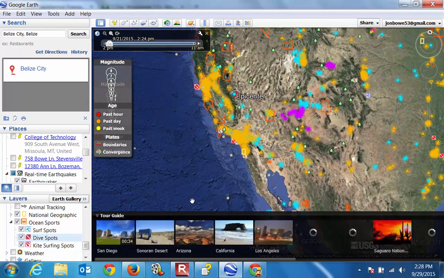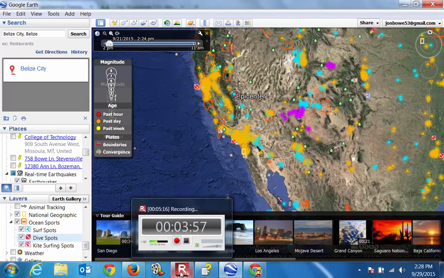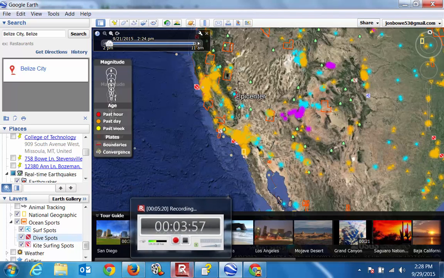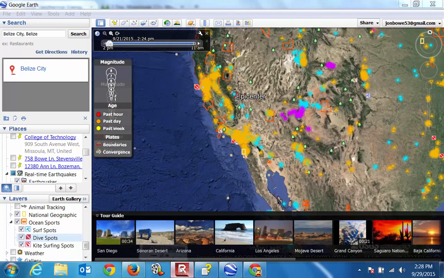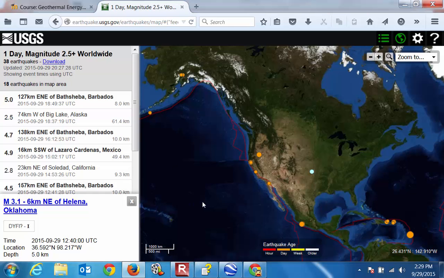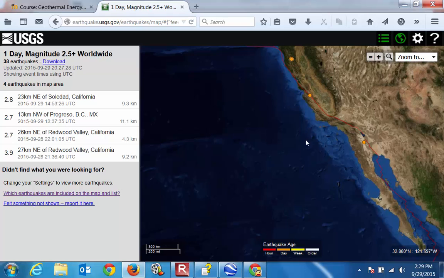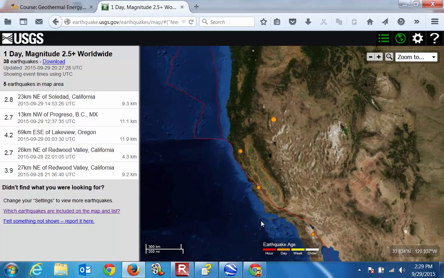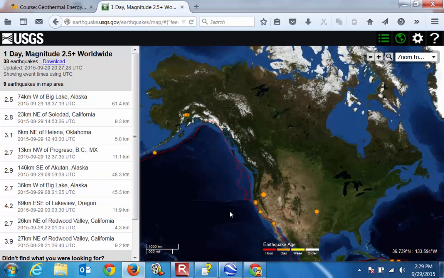It might be more advantageous to look at it, let's do this. There we go. So I went back to the USGS format. It's just a little bit more obvious and has fewer details.